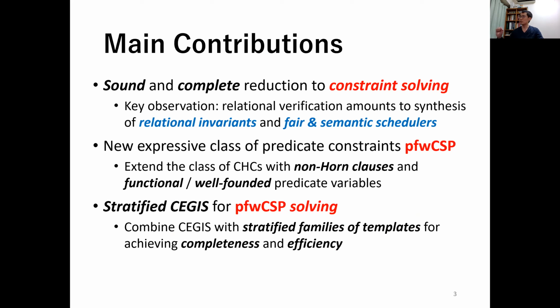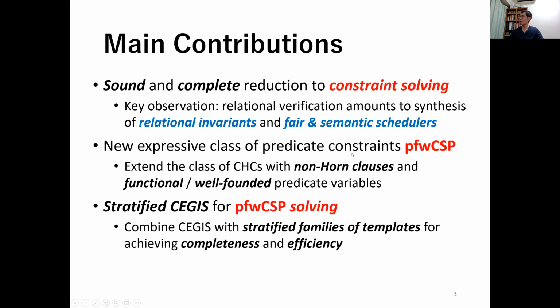The main contributions of this paper are these three things. One, as it says in the title, we will do relational verification by reduction to constraints. We will reduce the relational verification problems soundly and completely to constraint solving. The key observation here is that relational verification amounts to synthesizing relational invariants and fair and semantic schedulers. And we will formalize this synthesis problem as a constraint solving problem.